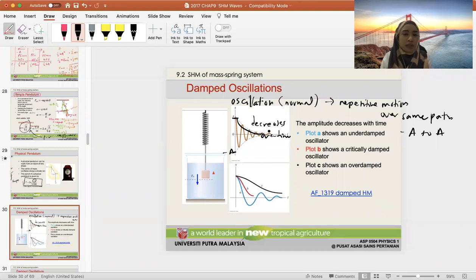What do you need to know about damped oscillation? You need to know that the amplitude reduces over time. Damped oscillation reduces the amplitude over time. Do you need to know underdamped, critically damped, or overdamped? No, you don't have to. You just need to know the difference between a normal oscillation and a damped oscillation. So they can ask like this: what is a damped oscillator? A damped oscillator is an oscillator that oscillates with reduced amplitude over time.